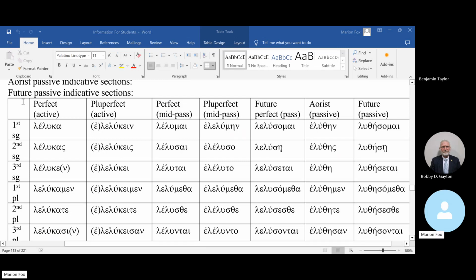It's around page 20. Now, it may not have all the forms. It only lists what's in the New Testament. Okay.